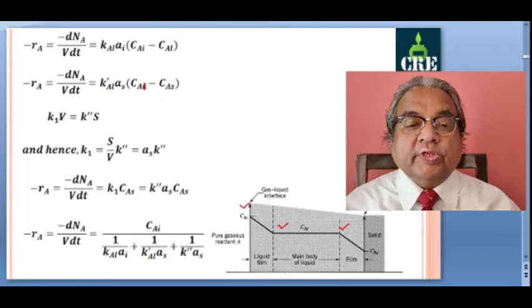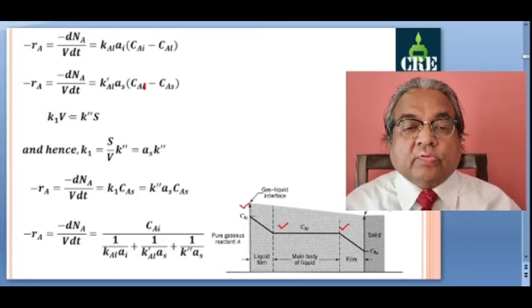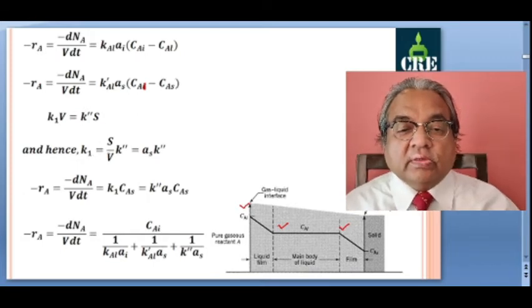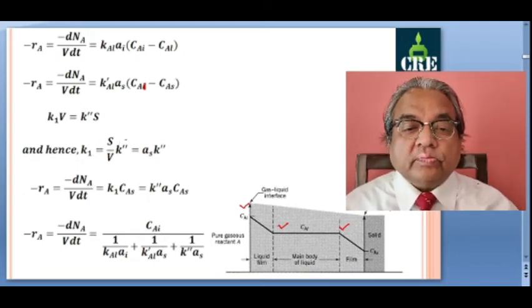So we know the relationship K1 into V, where K1 is considered as the rate constant in terms of volume. This can be written as K double prime into S. So K1 is equal to S by V K double prime. This S by V is nothing but AS.